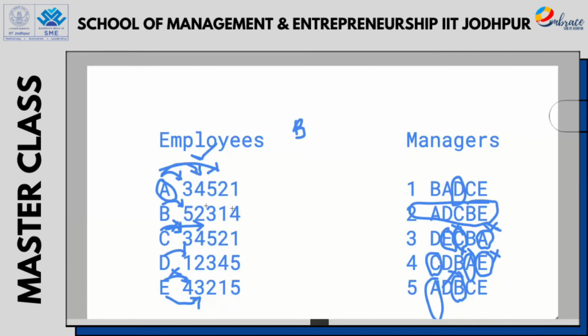So the algorithm terminates when you have a matching set where there's nobody on this side who is left off, because the moment somebody is left off here, there's a possibility of rejection somewhere here. So this is how the Gale Shapley algorithm progresses, and this is computationally feasible depending on the number of employees, the number of managers, and the set of preferences that they have.